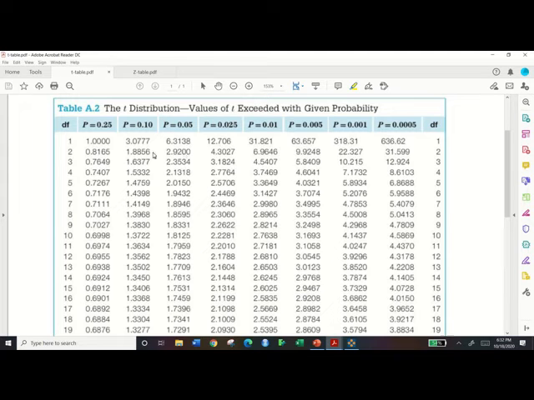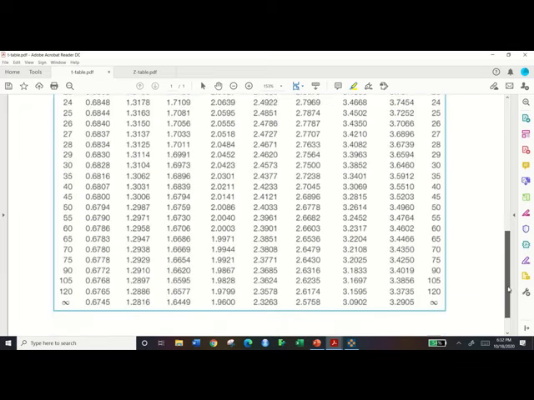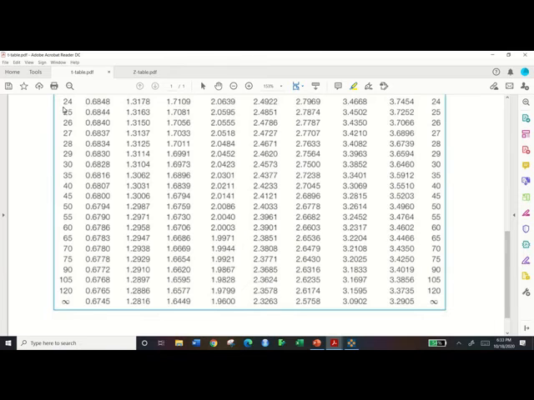So looking under the 0.05 heading, we need to find degrees of freedom equal to 24. And there we have it. Our critical value is going to be, in this case, 1.7109.